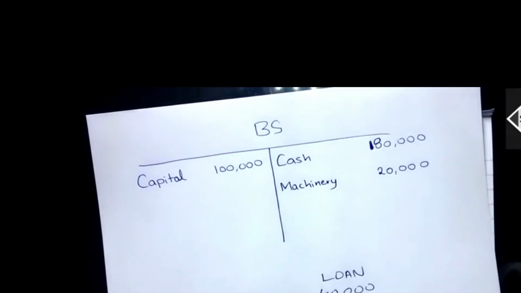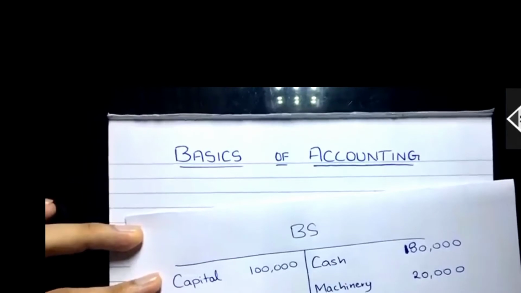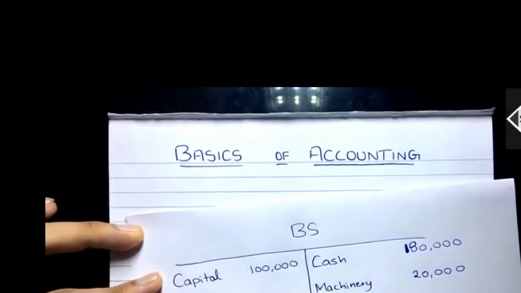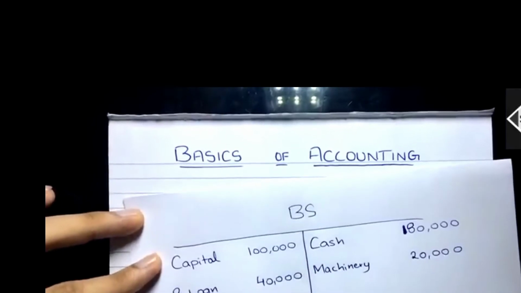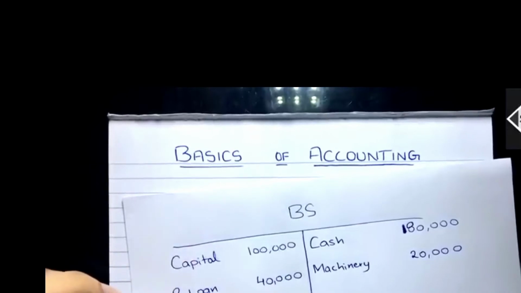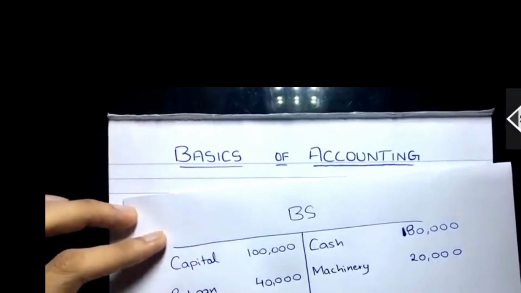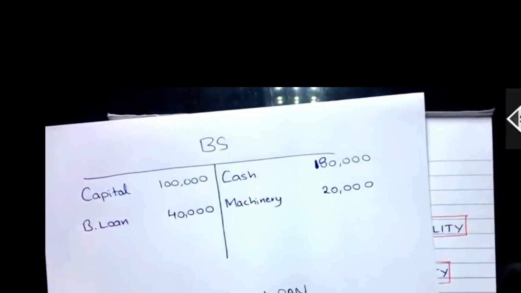So now immediately you have to recognize on the face of your balance sheet that you have got a liability, and that liability is bank loan, rupees 40,000. Is that clear? I told you, right? Here we take all the capitals and all the liabilities. Then here cash also has to be increased because you have got an asset also now.